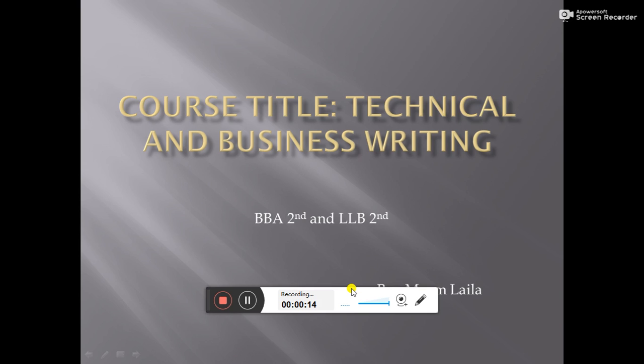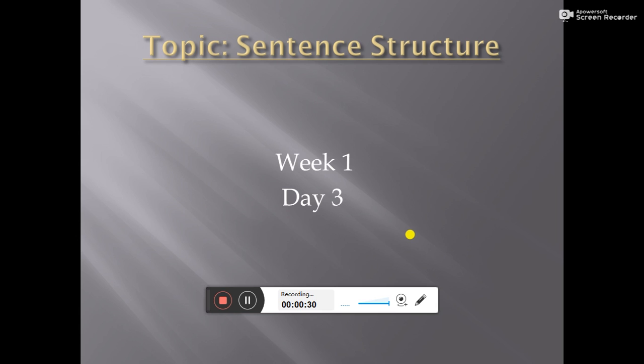It's our third class of week first. As you already know, we have talked about technical and business writing's first topic, that is sentence structure. We talked about the sentence, its definition, then we discussed its essential parts.